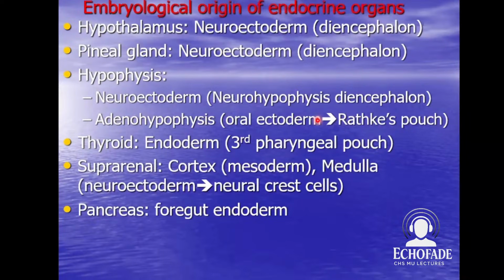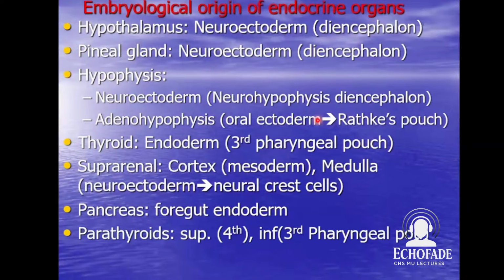We have two parathyroids: the superior parathyroids from the fourth pharyngeal pouch, and the inferior parathyroids from the third pharyngeal pouch. The gonads are from the intermediate mesoderm, formed from the gonadal ridge.